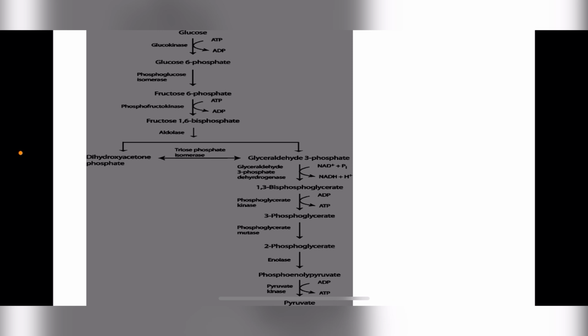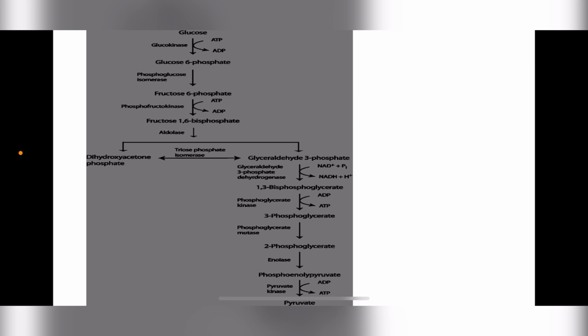The generated glucose 6-phosphate gets converted into fructose 6-phosphate in the presence of phosphoglucose isomerase. This reaction involves isomerization, that is, a change in the structure or arrangement of the molecule, converting it into fructose 6-phosphate. This fructose 6-phosphate gets converted into fructose 1,6-bisphosphate in the presence of phosphofructokinase.